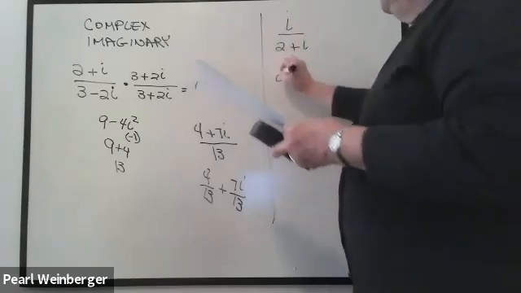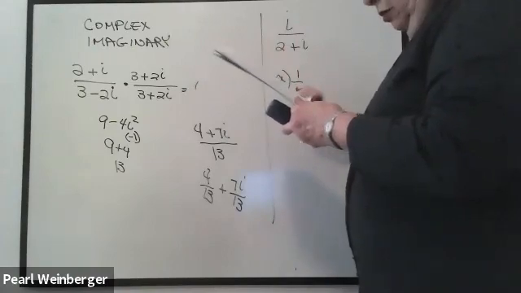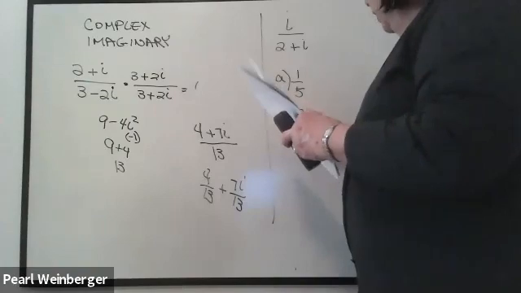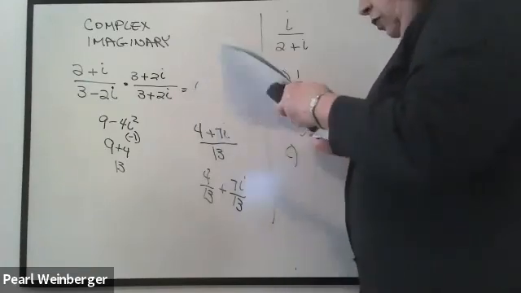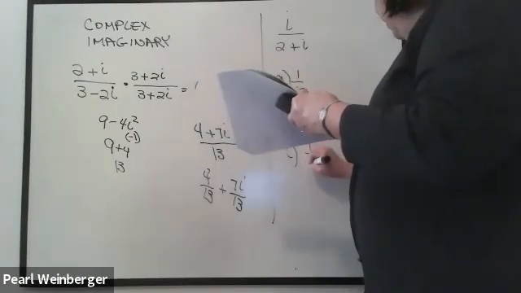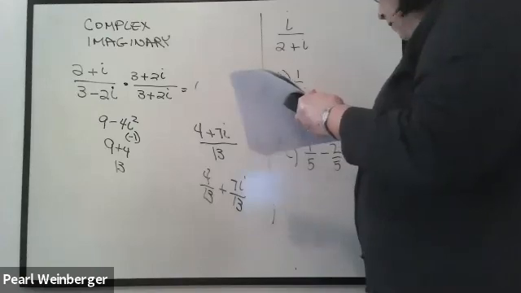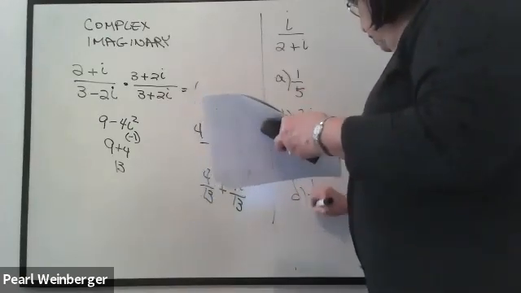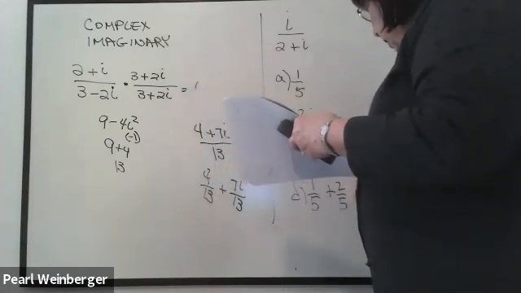And here are your choices: 1 over 5, 2 over 5i, 1 over 5 minus 2 over 5i, and D is 1 over 5 plus 2 over 5i.